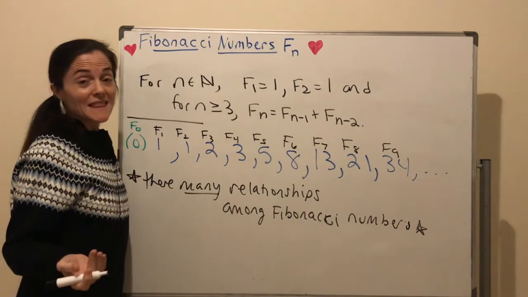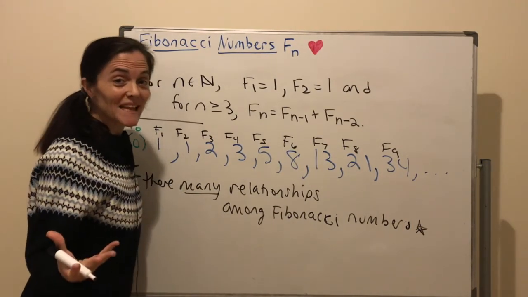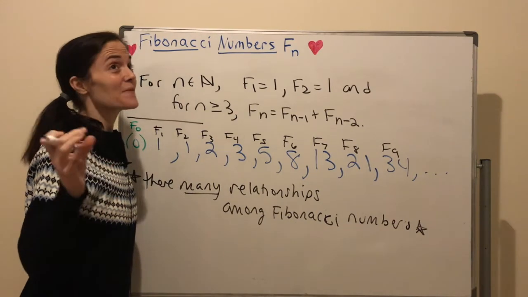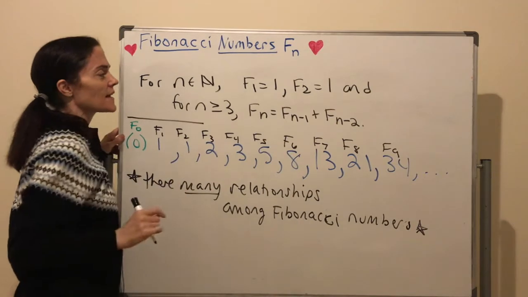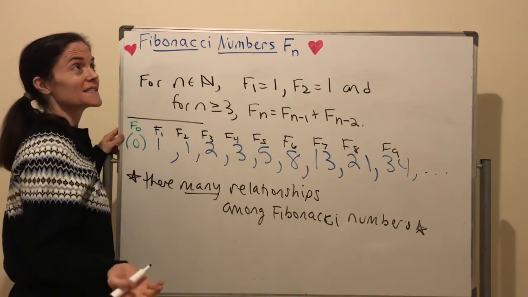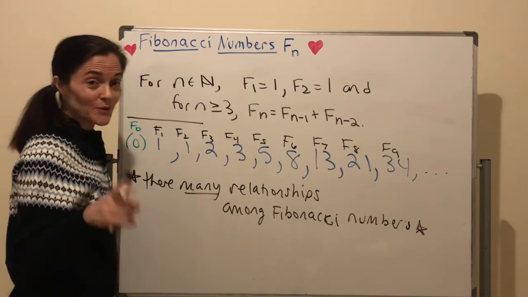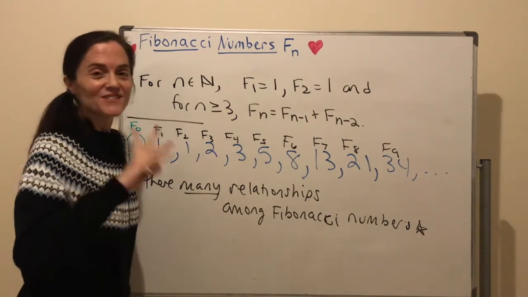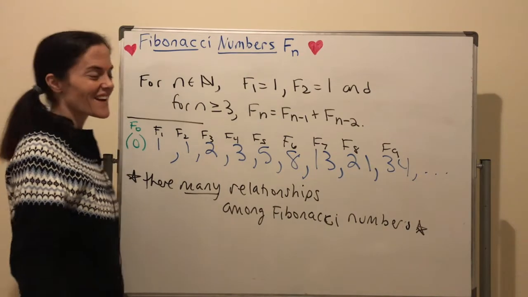This is one of the things that makes them so cool. And how are you going to prove a relationship among the Fibonacci numbers? Well, we have this defining recurrence. So many of these relationships we can prove using induction or strong induction. And this is what we will practice some today.